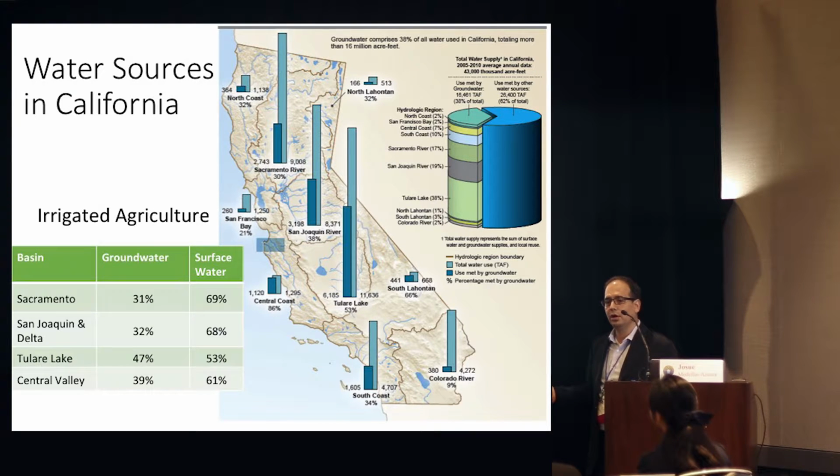You have probably heard a lot of figures in this conference about how much of our water supply comes from groundwater. So this is a map that shows groundwater use in a darker bar, and surface water use in a lighter blue bar. And here we have, from all the groundwater use, how much is used in each of the 10 hydrologic regions of the state.